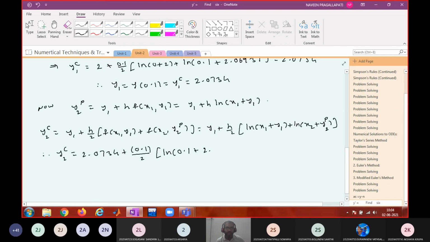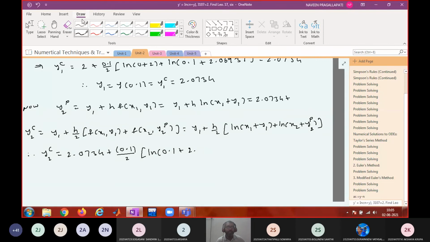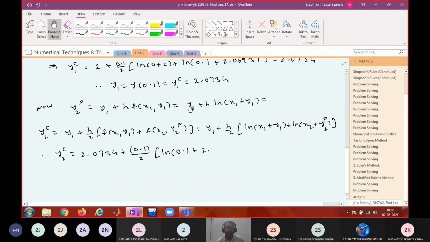Okay, you need to find y2 predictor, right? Substitute the values in the y2 predictor and tell me what is y2 predictor. y1 is 2.0734, x1 is 0.1.